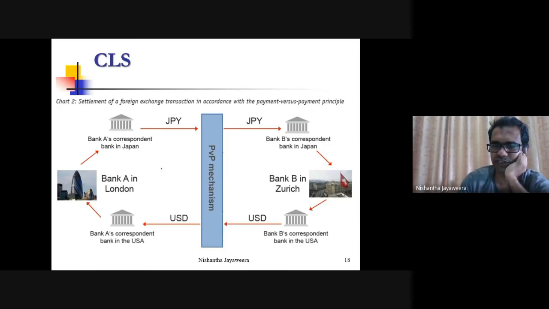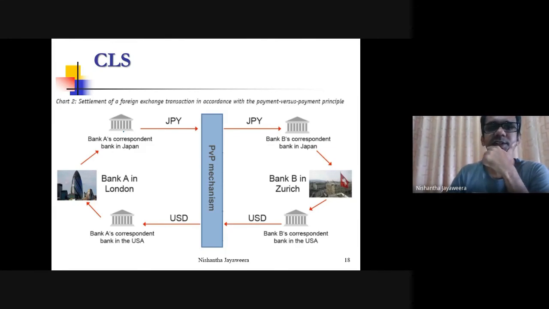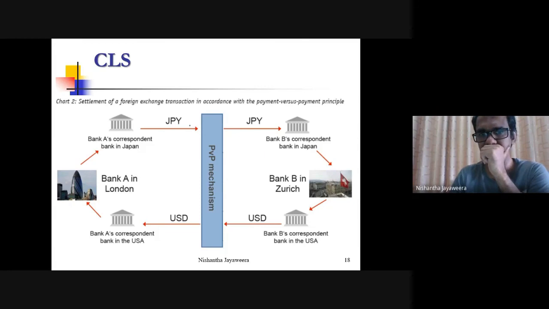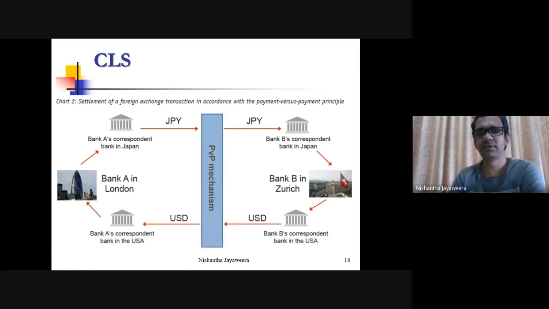How do you settle that transaction? Bank A has to make the yen amount available to the correspondent bank in Japan, and that bank will tell the CLS, okay, the funds are available. Same thing from bank B in Zurich. They have to make sure the dollar funds are available in its bank account.